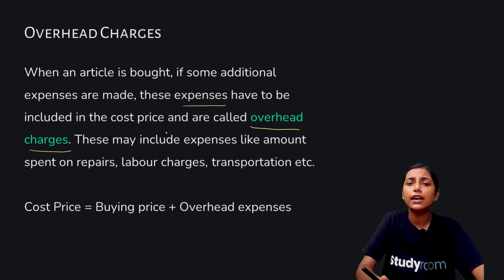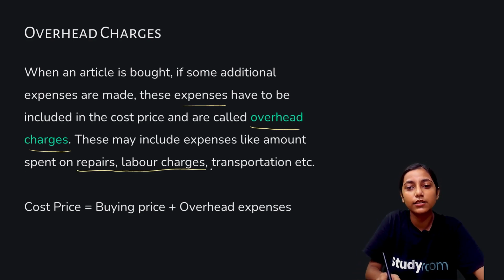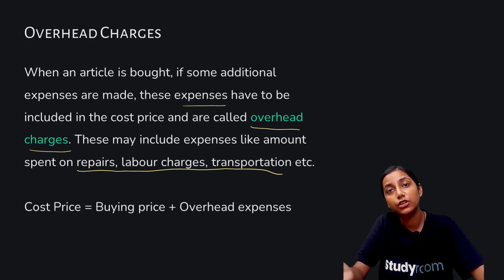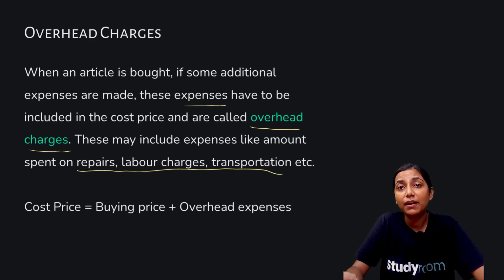Now, these overhead charges may include expenses like amount spent on repairs, labor charges, transportation, etc. So all these charges, like the amount that we spend on the repair of things, or the labor charges, or the transportation charges, like many times when you order something online, you have to give shipping charges.